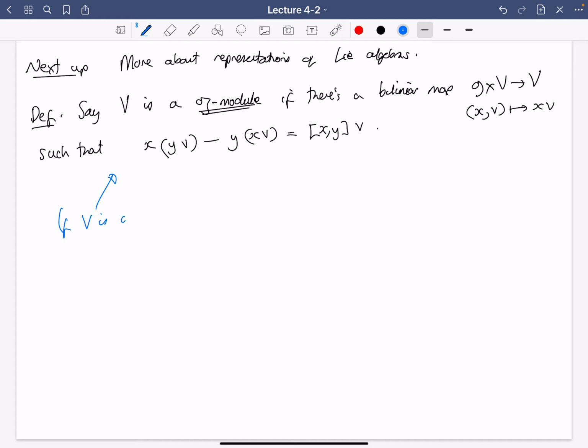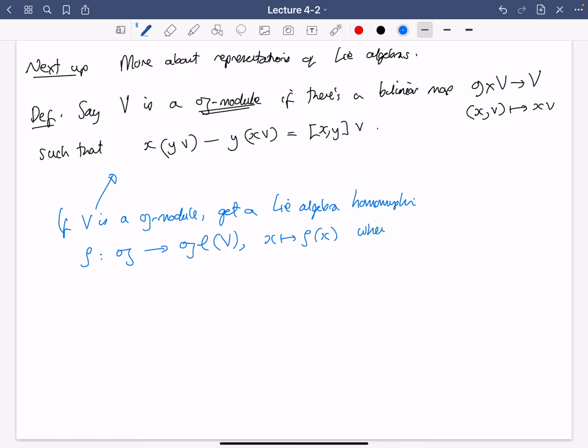If V is a G module, you get a Lie algebra homomorphism rho from the Lie algebra G to the general linear Lie algebra GL of V, sending x to rho of x, where rho of x is the endomorphism of the vector space V whose value on a vector is just xv.